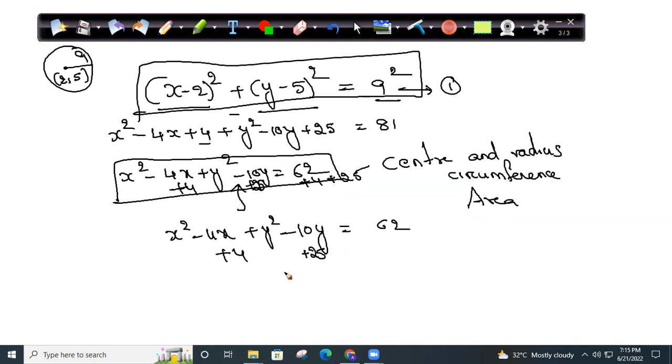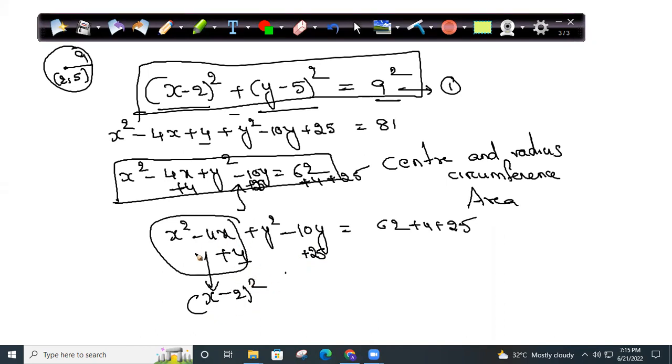No one gives anything for free. If you add something, you should also add it to the other side so that they both get cancelled. 4 and 4 get cancelled, 25 and 25 get cancelled. Now I'll explain your doubts here: why did I add only 4, why not 10, why only 25?